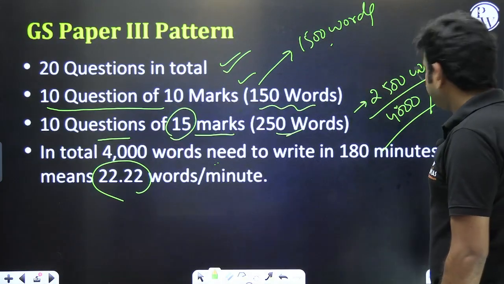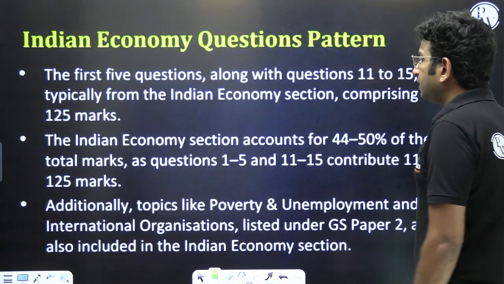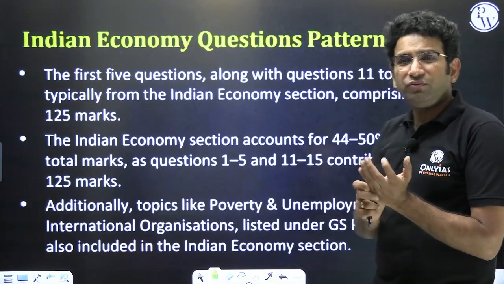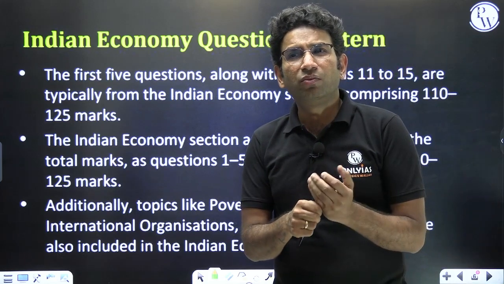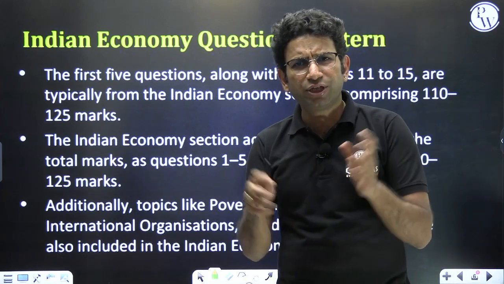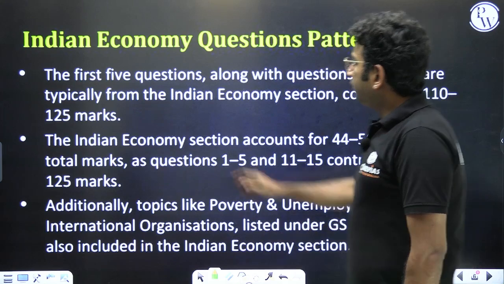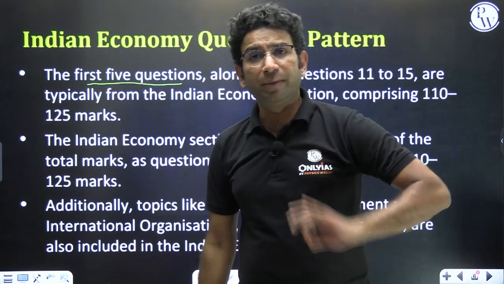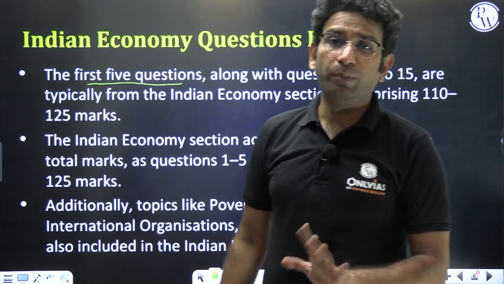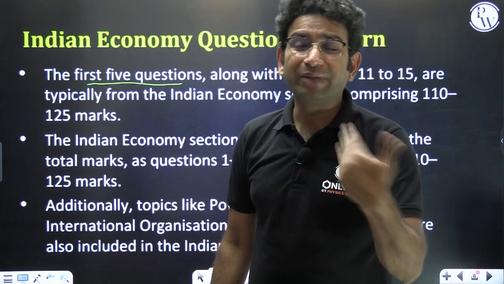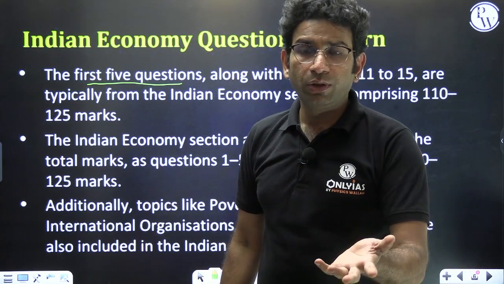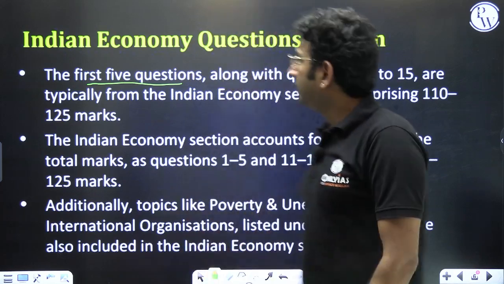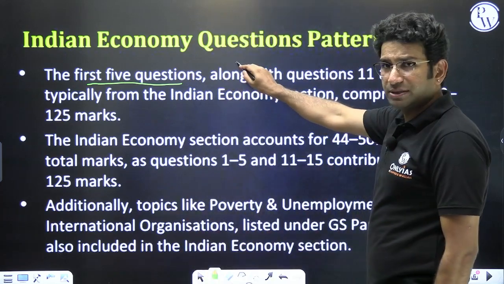Then after that, what all things we have here. Now see, what kind of pattern are we facing or watching in the GS paper 3. The first 5 questions you will normally find are from economics, that is macro. Macro means about the group, that means about India.